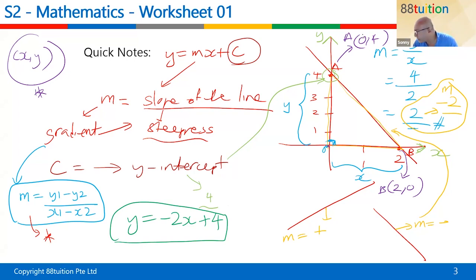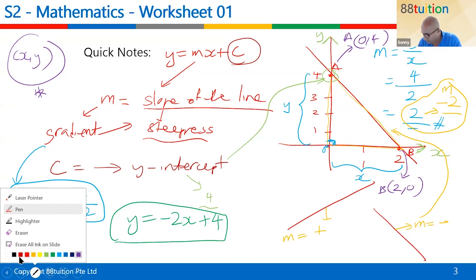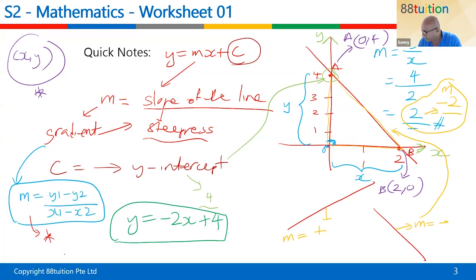You have this, and you have this. So I'm going to use the formula. The formula is not difficult. Look at what I'm going to do now. I'll use a different color. A is (0, 4).